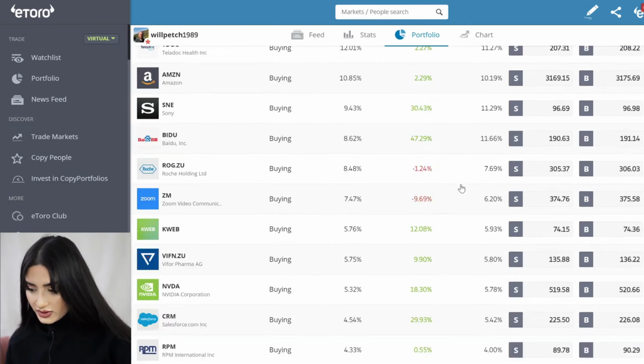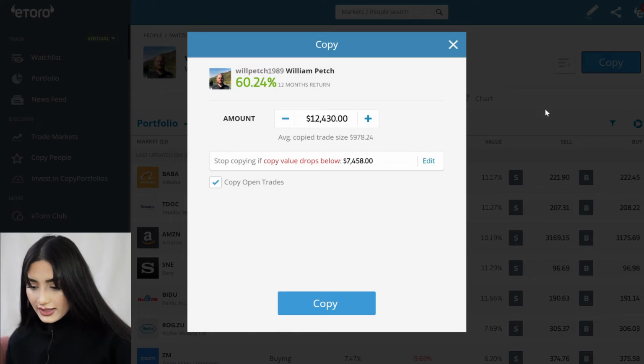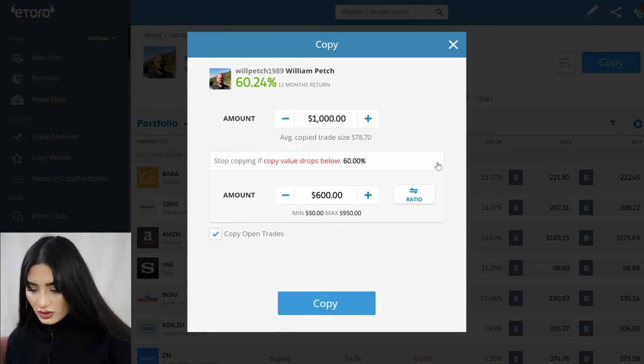So let's say we want to copy that portfolio. We click on copy here, and this is my virtual account. For ease's sake, I'm going to put in $1,000. And this is the stop copying. It's kind of like a stop loss: stop copying if the copy value drops below 60%, which in our case would be $600.